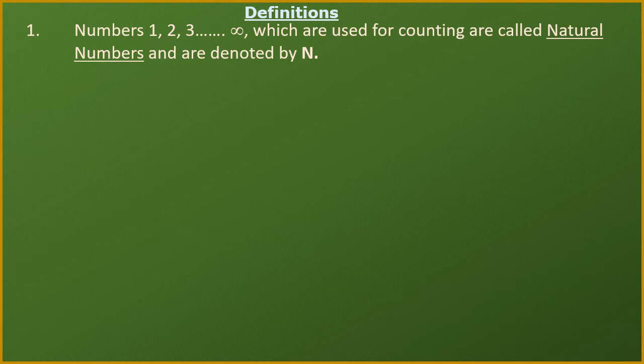Suppose you want to count how many students are there, you can say in my class 30 students are there. So numbers which are used for counting and which are non-fractional, non-decimal are called natural numbers. These are non-negative also.